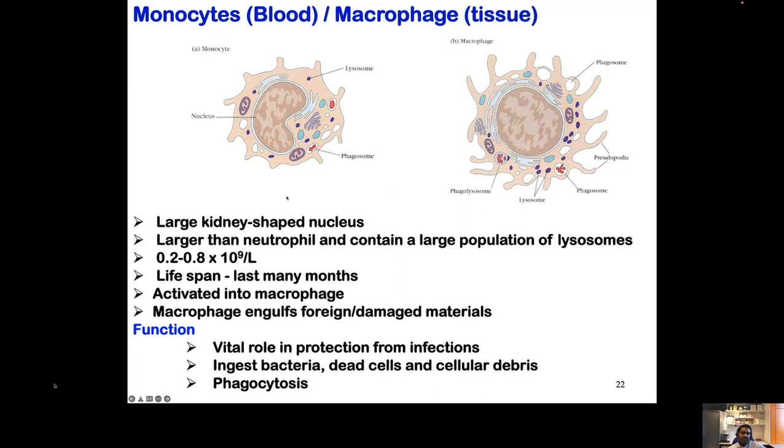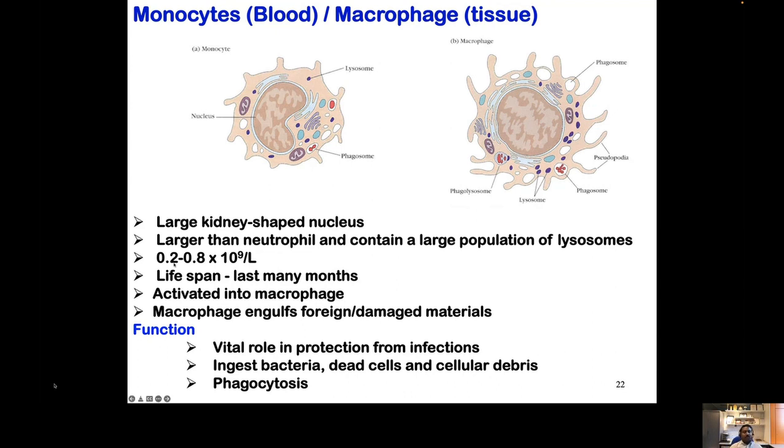They have a large kidney-shaped nucleus, they are larger than neutrophils, and they contain a large population of lysosomes because the main job of these cells is phagocytosis. So they're going to eat something and then digest everything. They should have lysosomes because lysosomes contain all the hydrolytic enzymes that are going to chop everything.